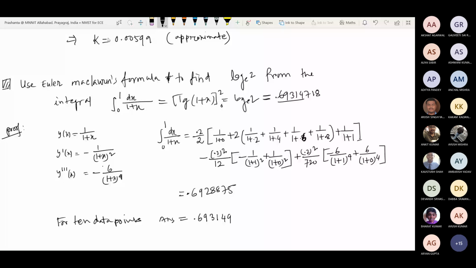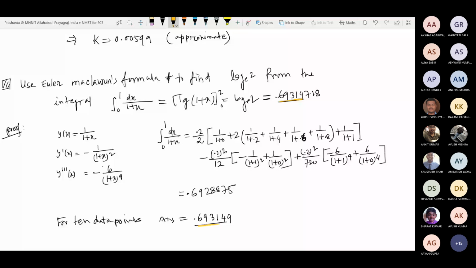So this is how you can use Euler-Maclaurin's formula to solve definite integral. Now remember here, the integrand was known to you. When the data points are given to you instead of the function integrand, then what you have to do?